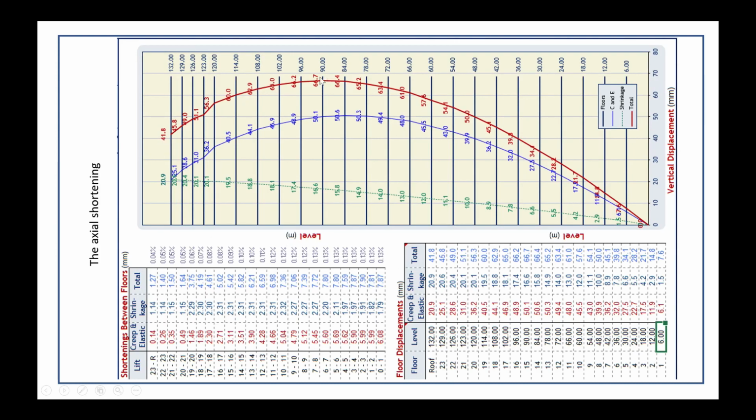This is the total creep and elastic shortening plus shrinkage. The peak or maximum value is around 2/3 of the building height. This one is 100% of the building height. This one is around 2/3 of the building height.